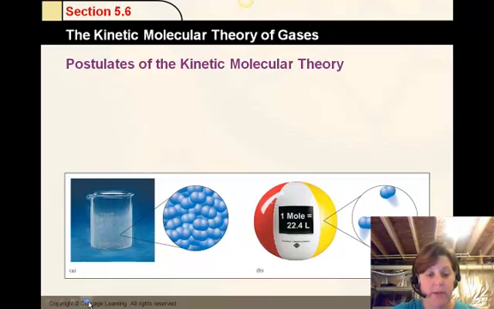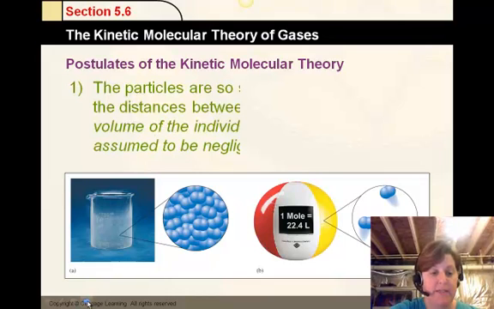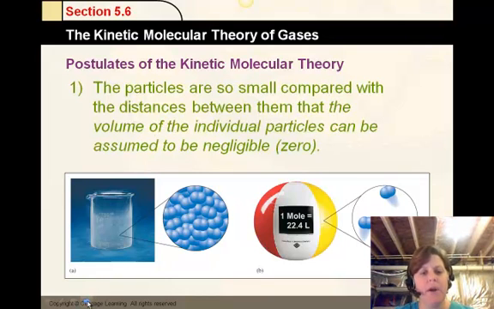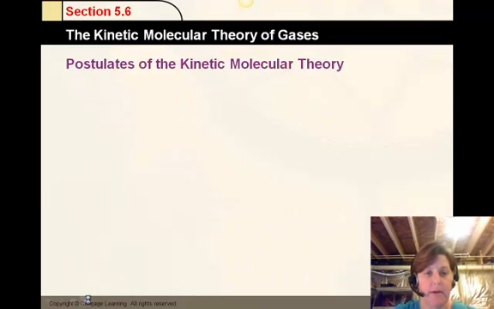Notice how those molecules are more energetic and they move around and they're further spaced apart. The particles are so small compared with the distances between them that the volume of the individual particles can be assumed to be 0. So there's so much space in between, we assume that it's almost like gases aren't even there.